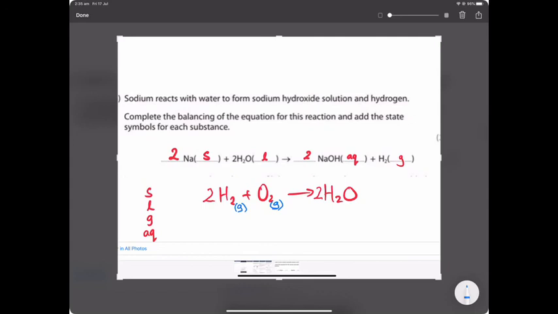Why? It's highly exothermic, and therefore immediately vaporizes the water produced. So in this case, water is a vapor or a gas in this particular type of reaction. So again, the state symbols can change and can vary depending on the type of situation that you're dealing with.